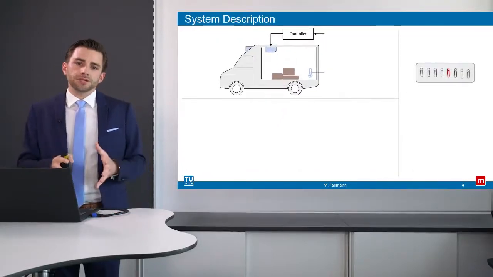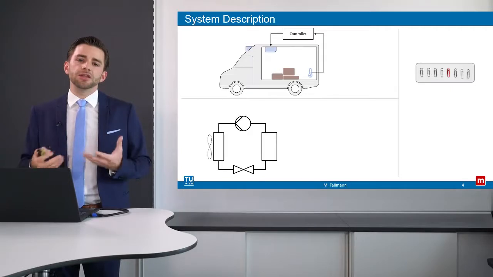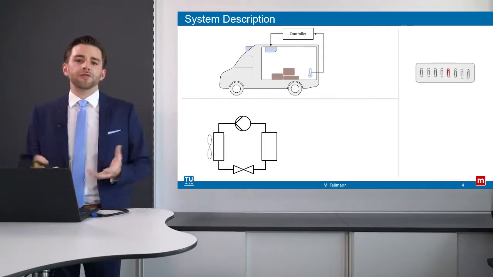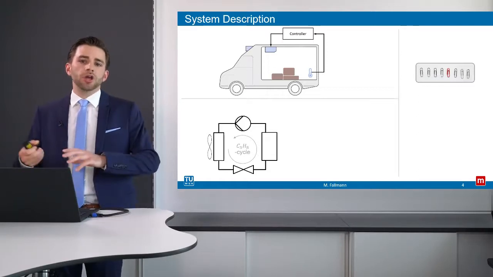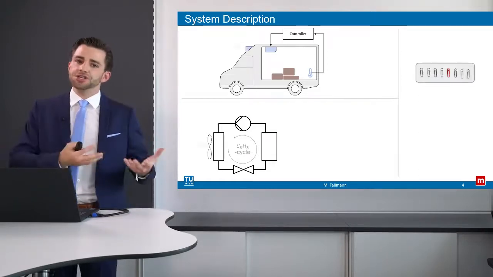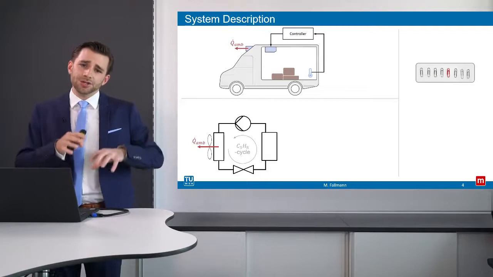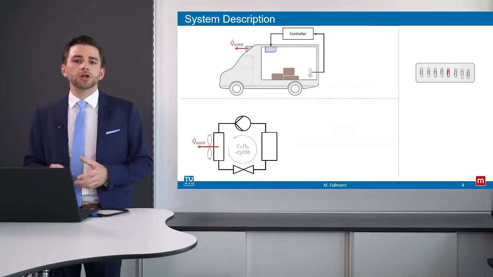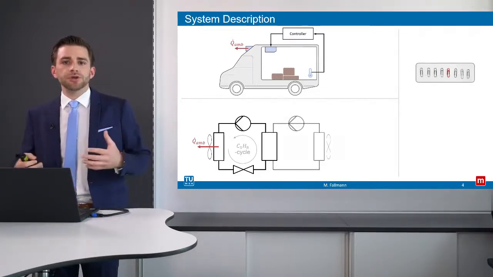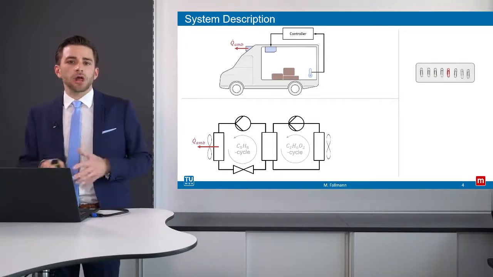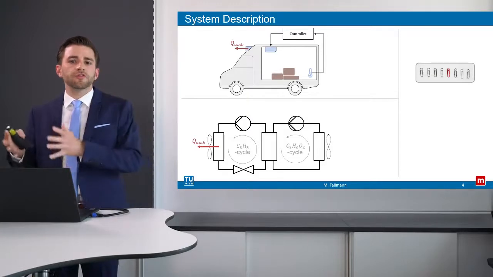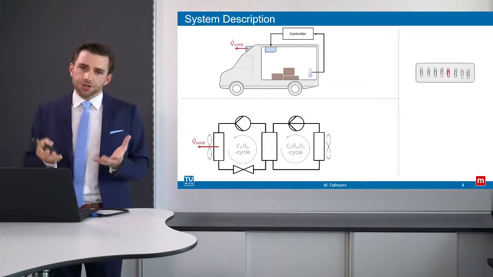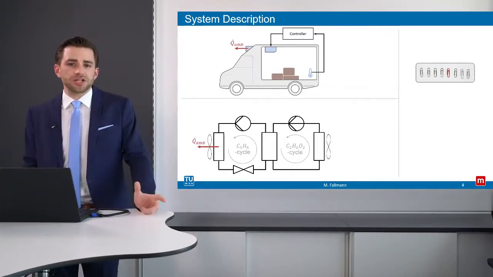The cooling unit, here in the schematic depicted in blue, consists of a classic refrigeration circuit that uses propane as its coolant, and the heat flow Q at ambient is released into the atmosphere. In addition to this fundamentally needed cooling circuit, there is another cycle that uses a mixture of water and glycol as its coolant. That extension improves the system's flexibility, as the glycol-water mixture may serve as a cold reservoir.